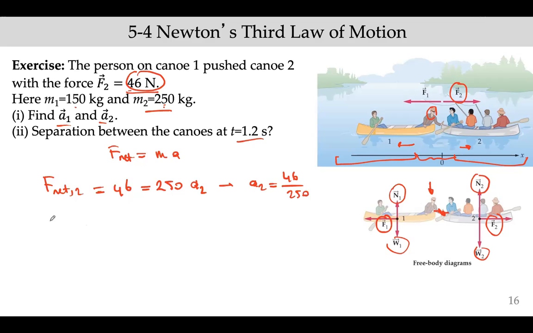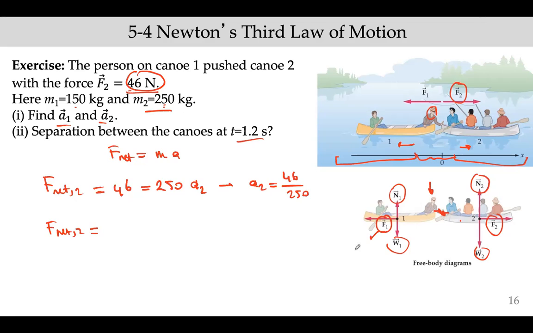Okay, what about the acceleration of the first canoe? First of all, you have to use Newton's third law, the action-reaction pairs. If this person is pushing canoe 2 with 46 newtons, that means this canoe will push the person's hand, and consequently canoe 1, with the same force in the opposite direction.